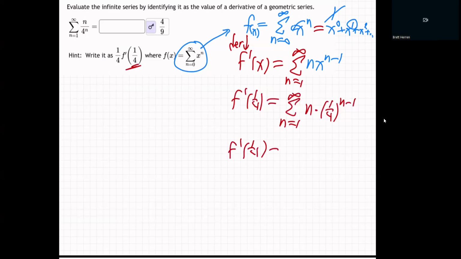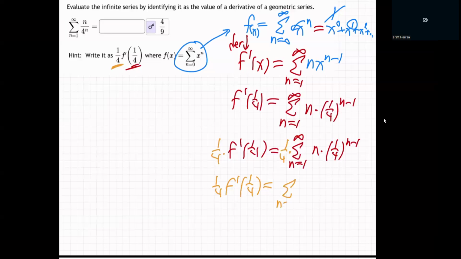Let me show you. If we put the sum there, the sum from n equals 1 to infinity of n times 1/4 to the n minus 1, and we multiply both sides by 1/4, like they said, then 1/4 f prime of 1/4 will equal the sum from n equals 1 to infinity of n times 1/4 to the n minus 1 times 1/4.